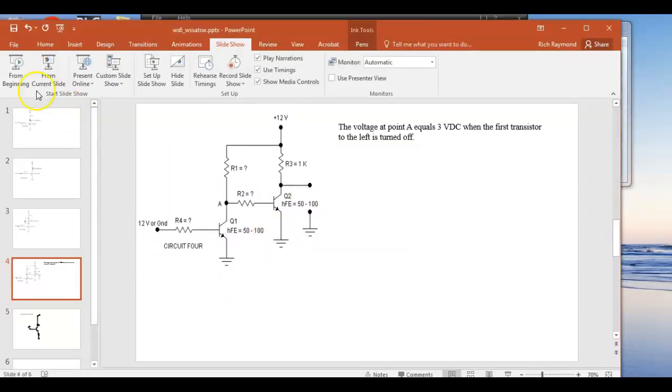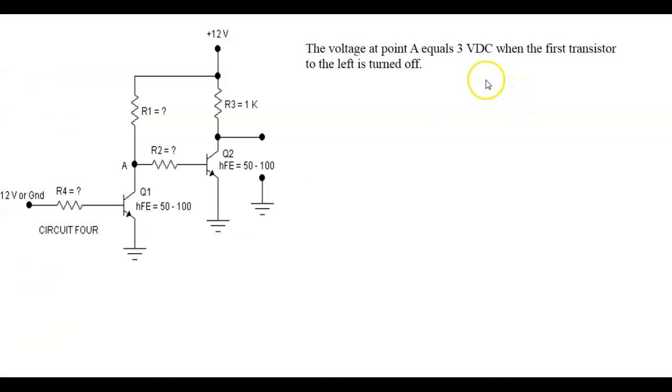You said it was 3 volts at A. Yeah, A is given right here. It says the voltage at point A equals 3 volts when the first transistor is turned off. When the first transistor is turned on, it's approximately 0, right? Understand? Okay, so what do I know about R2?